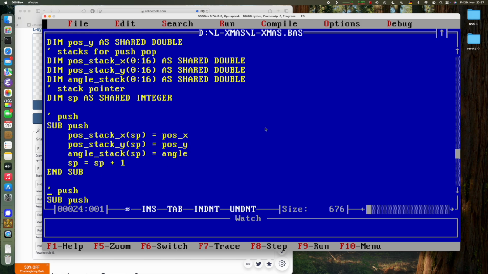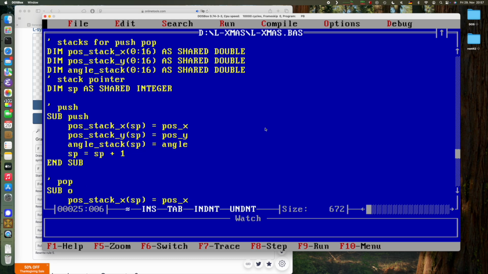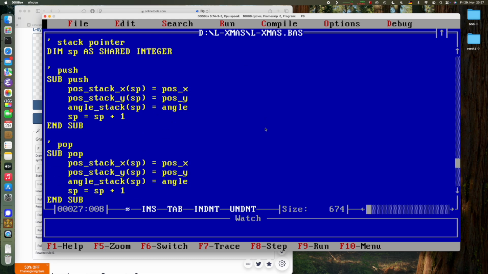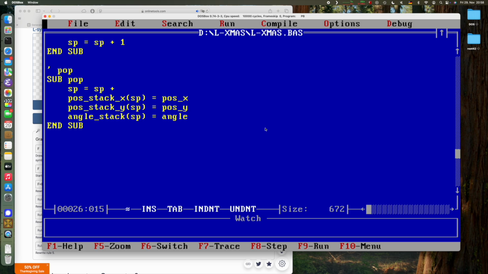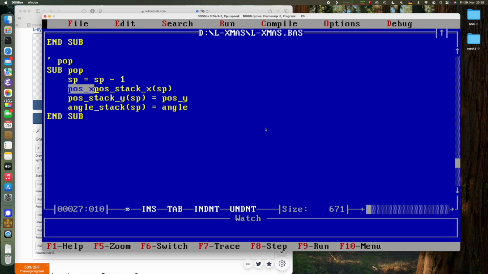And the pop obviously is very similar, but the other way around. First of all, before doing anything, we need to decrement the stack pointer so that we can get the correct thing here. And of course the roles are reversed.